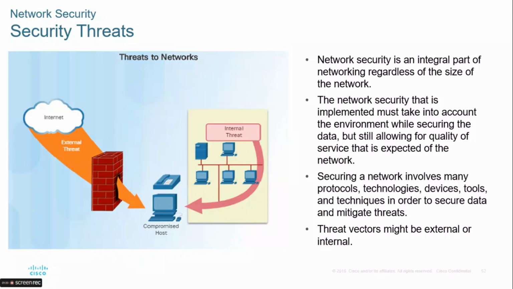For example, if you happen to be the target of an intruder, the network security that is implemented must take into account the environment while securing the data, but still allowing for the quality of service that is expected of the network. So this means that even though you struggle to secure your network, do not secure it in a manner whereby there is no reliable access to the data within the organization.